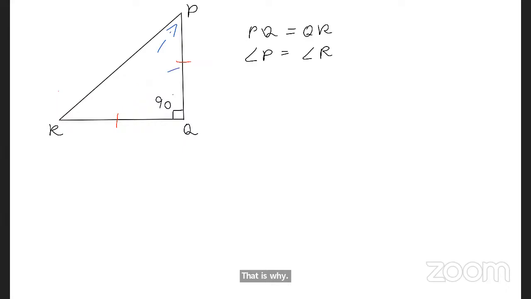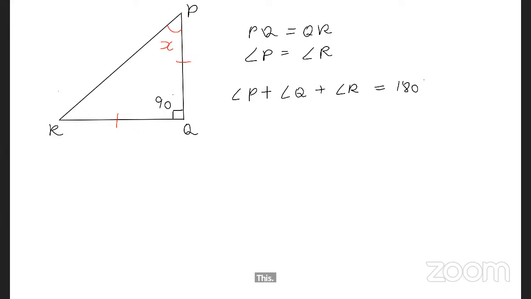Then, what is the sum of all the angles of a triangle? Ma'am, 180. Yes, it's 180. So we can write angle P plus angle Q plus angle R equals 180 degrees.